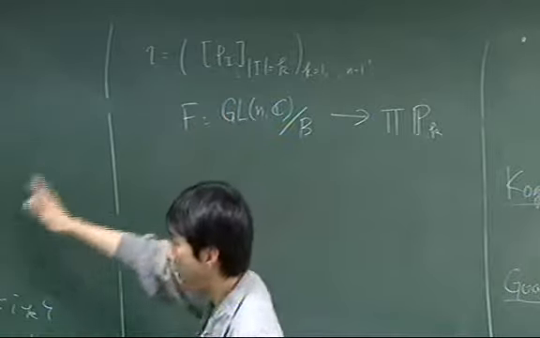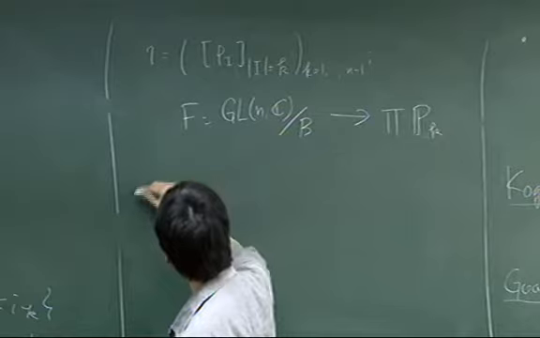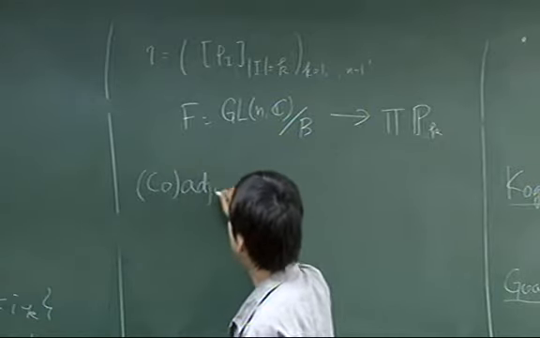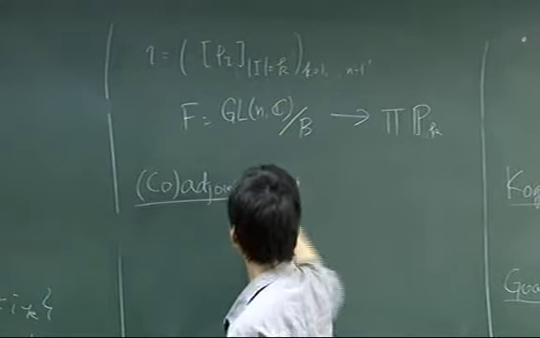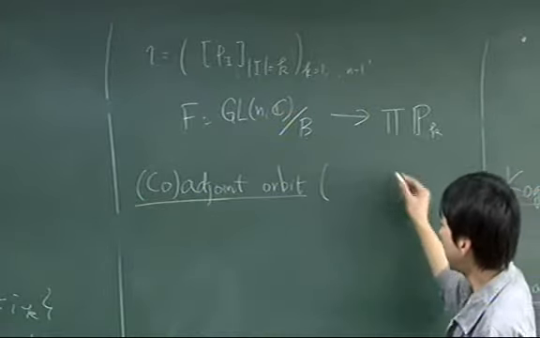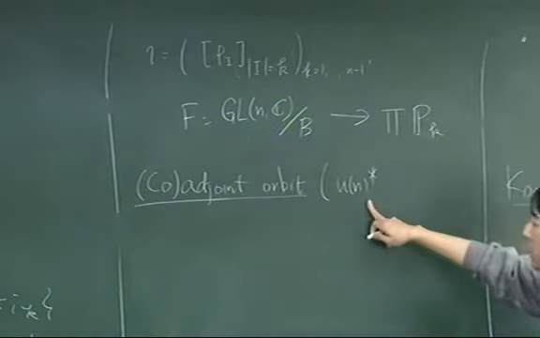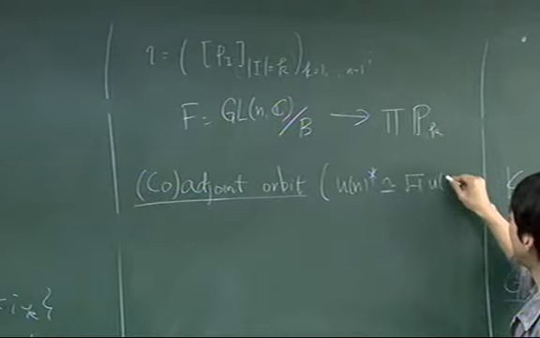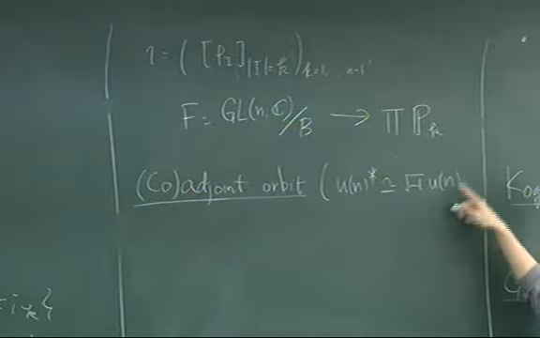And another description is the co-adjoint orbit, or adjoint orbit. Here we identify the dual of the Lie algebra of U(n) with the space of Hermitian matrices by the invariant inner product.